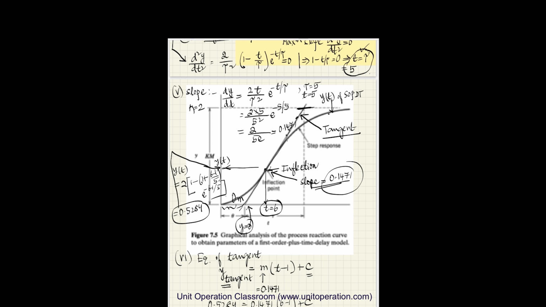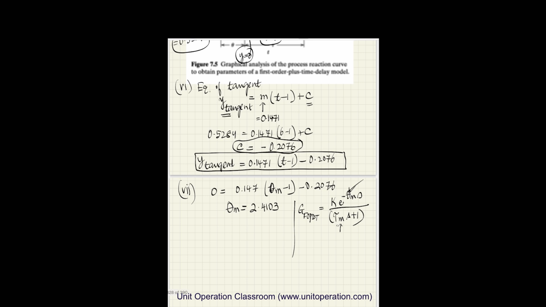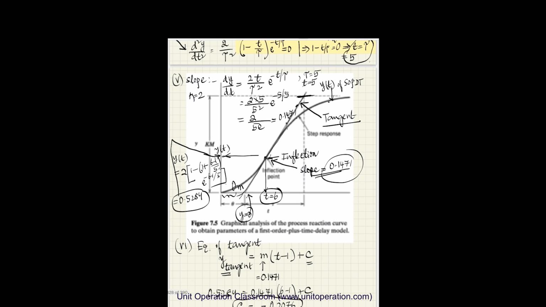So let's see what happens here. Now we have to find out the value of tau m. And as I say, this entire thing would be equal to theta m plus tau m.